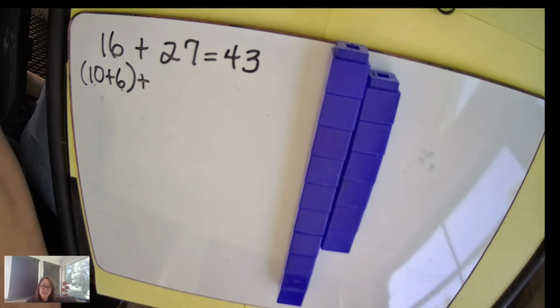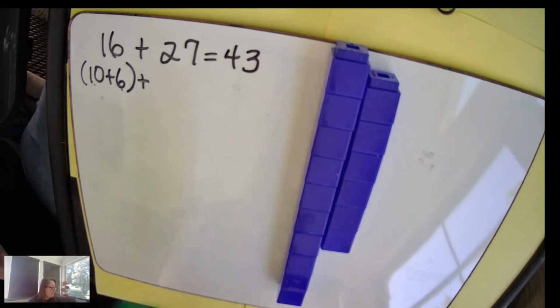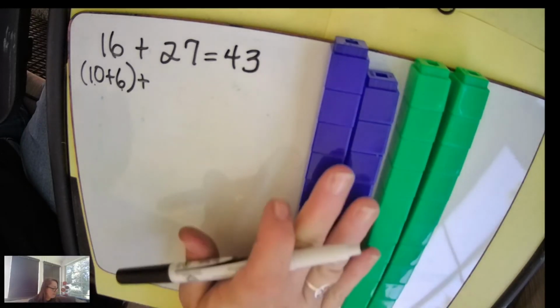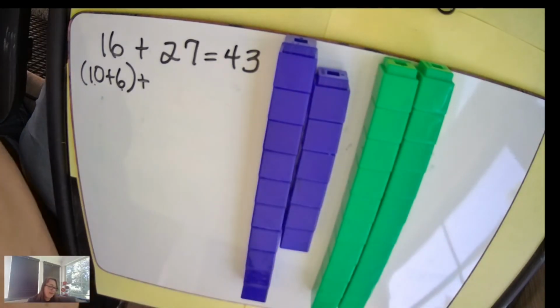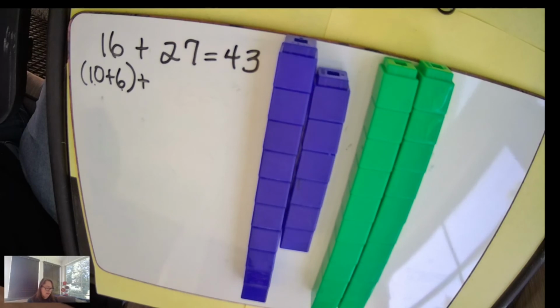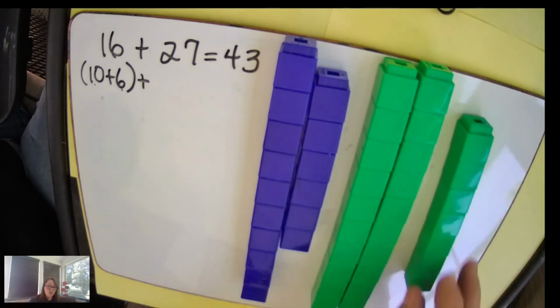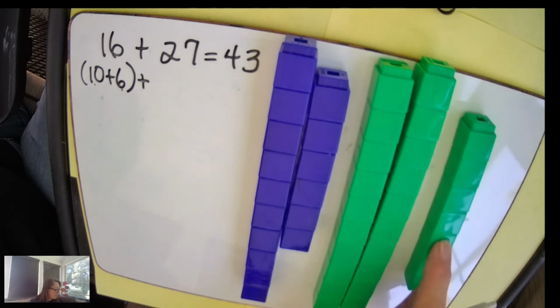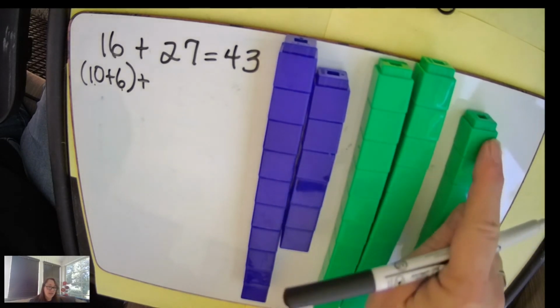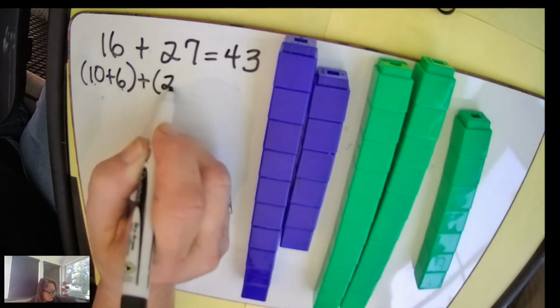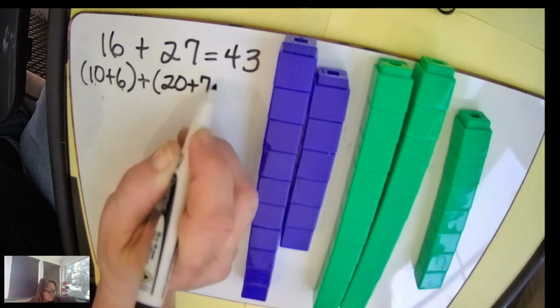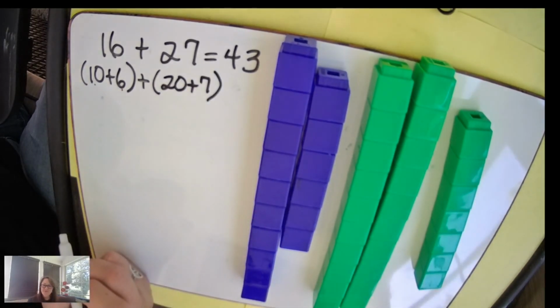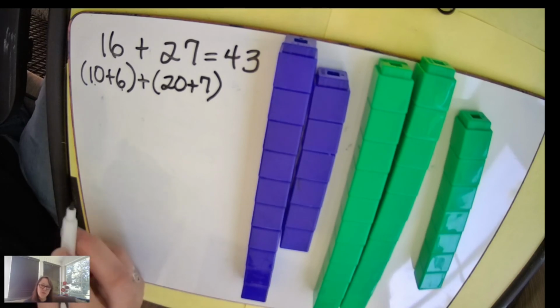Okay. And 27 is 2 10s and 7 ones. 10, 20, 21, 22, 23, 24, 25, 26, 27. 20 plus 7. Okay, tell us more, Torian.